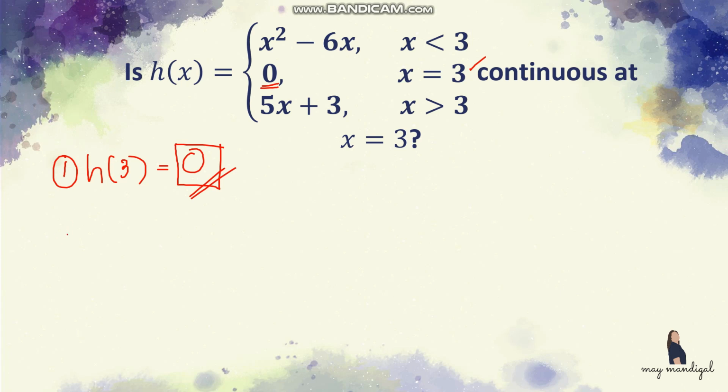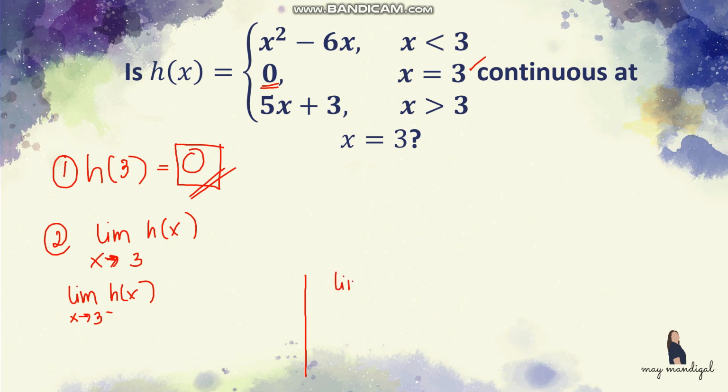Next, we have to solve for the limit: the limit of h of x as x approaches 3. Since we're going to solve for the limit, we have to consider the left-hand limit and the right-hand limit. So let's write first the limit of h of x as x approaches 3 from the left, and we will also solve the limit of h of x as x approaches 3 from the right.